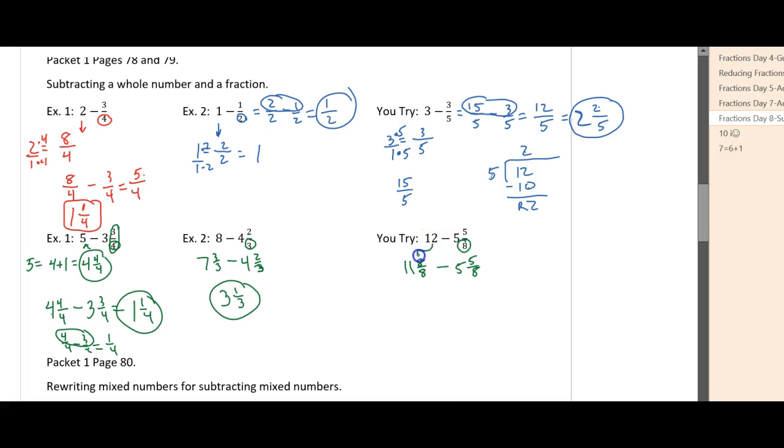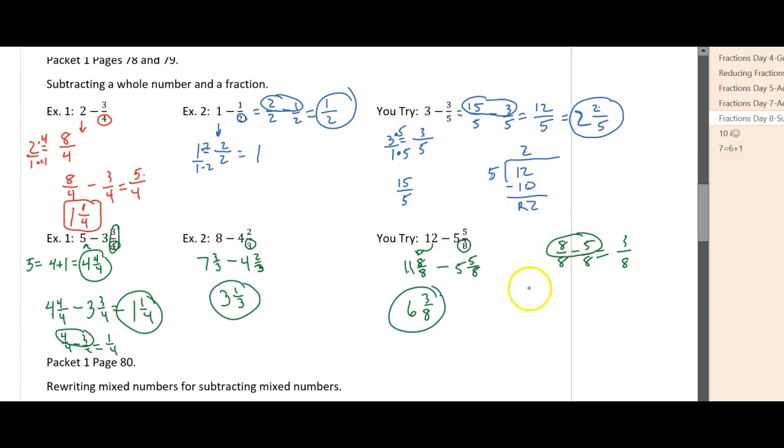So again, these are equivalent. So 11 minus 5 now is 6, right? 8 over 8 minus 5 over 8. When I subtract the numerators, I get 3 over 8. And that ends up being my answer.